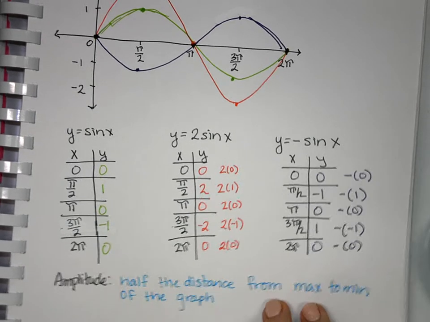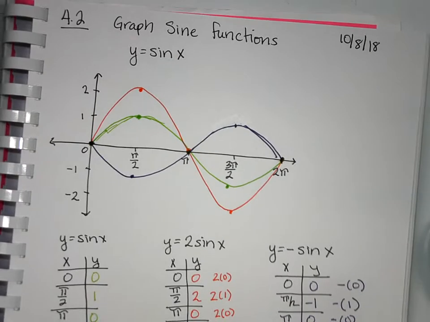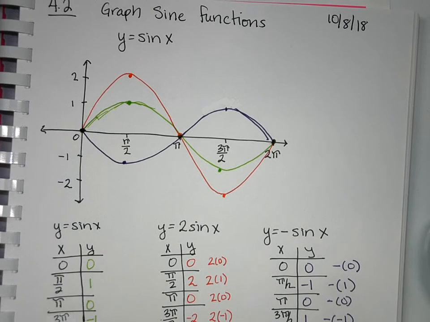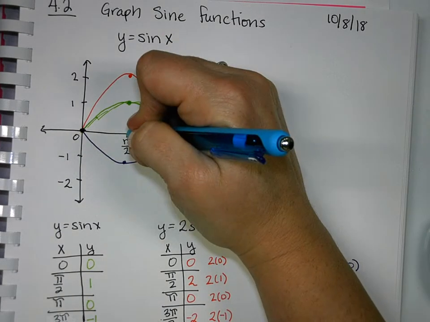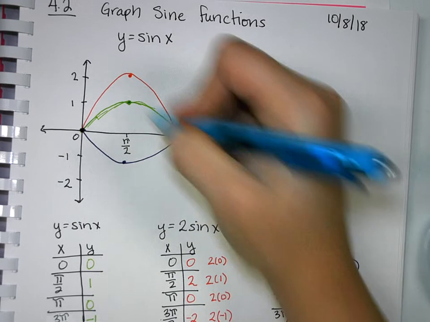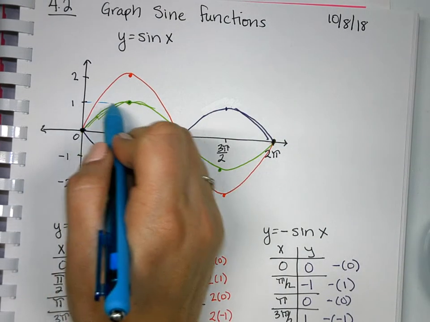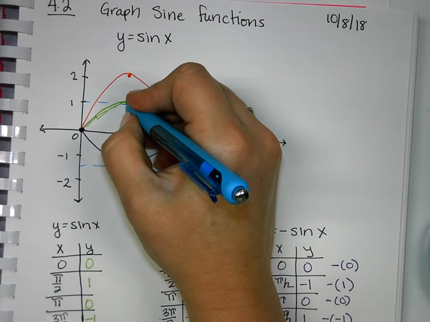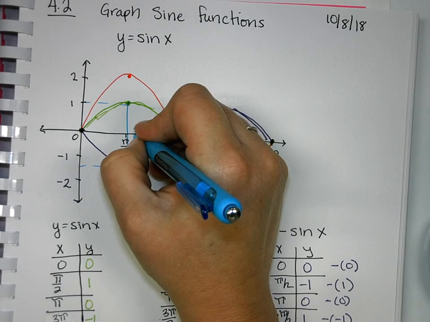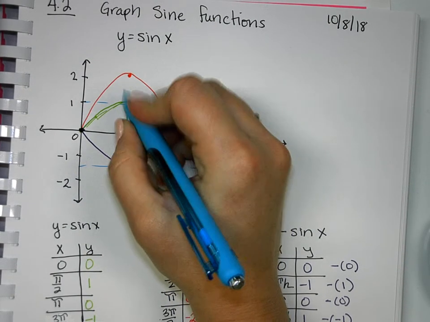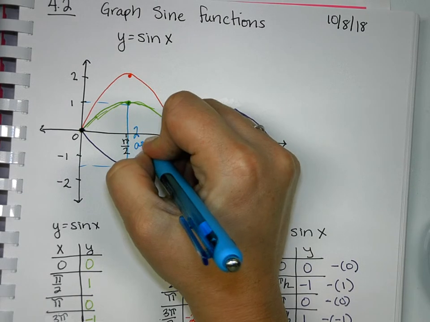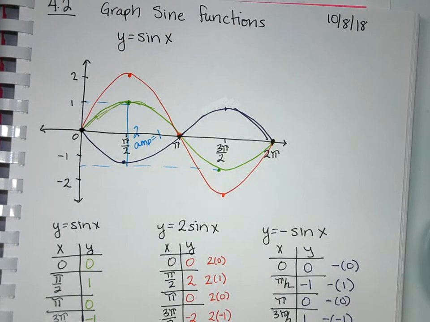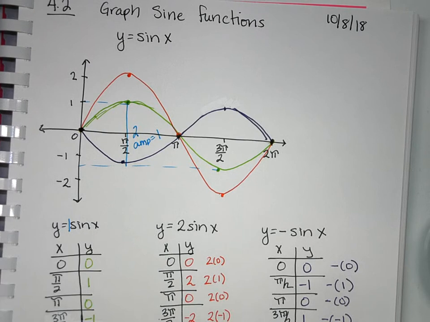So if we look at our graph again and compare the green, here's my maximum on the green, and here's my minimum on the green. This total distance here was 2. So when I half it, my amplitude was 1. So that's why I had a 1 in front.